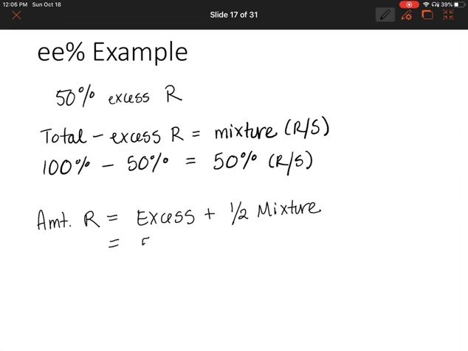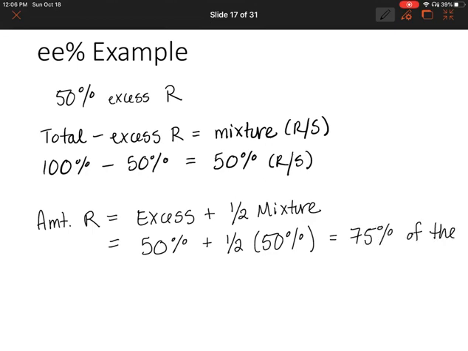So this will equal 50% plus half of our mixture, which was also 50%. So that's 50 plus 25%. So 75% of the sample is R.